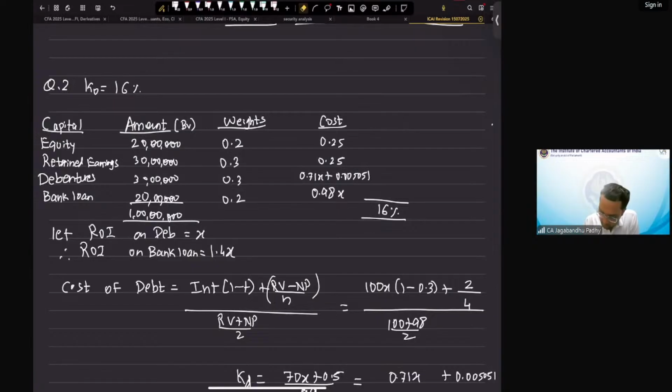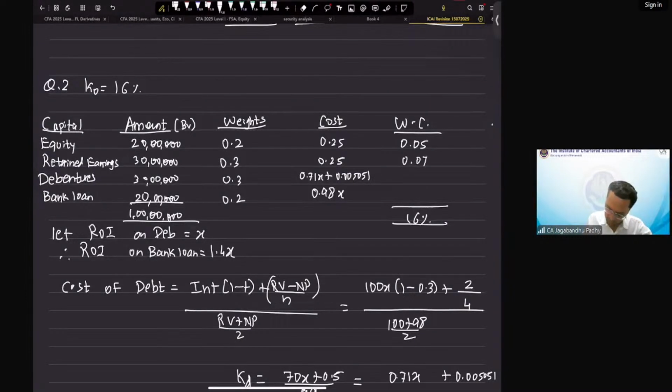Right now, we have to take the weights into cost and take the total equal to 16%. So weights into cost is 0.25 into 0.2, which is 0.05.